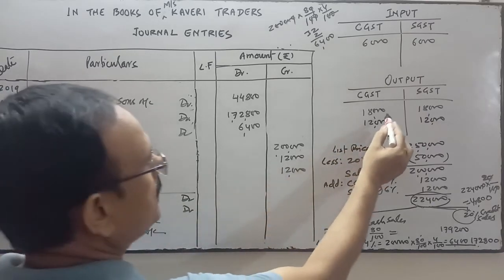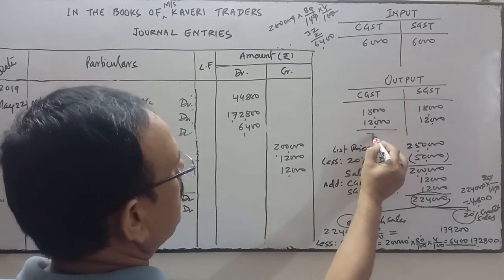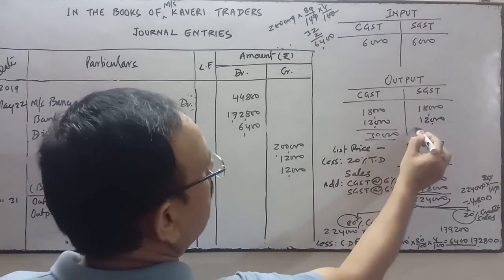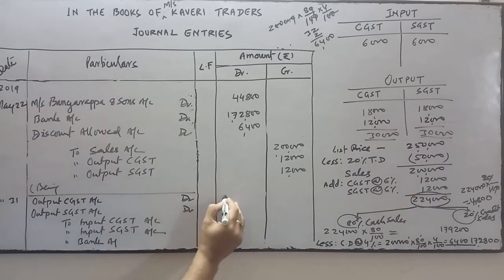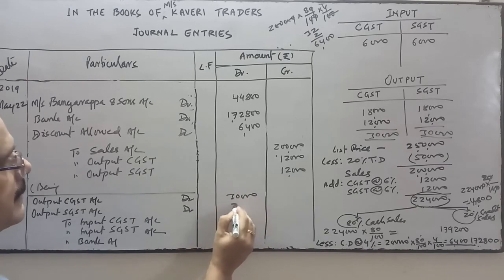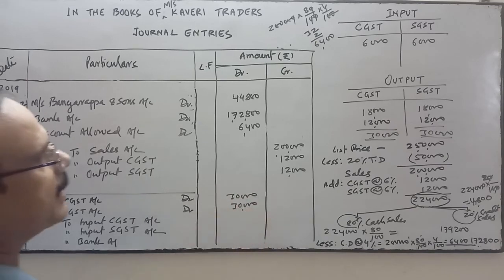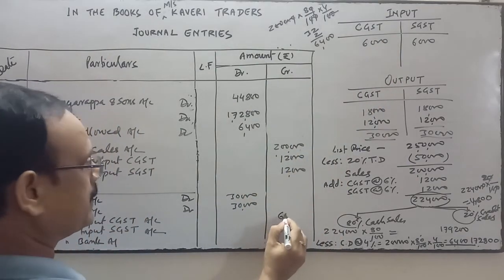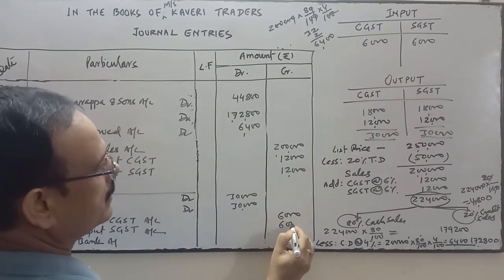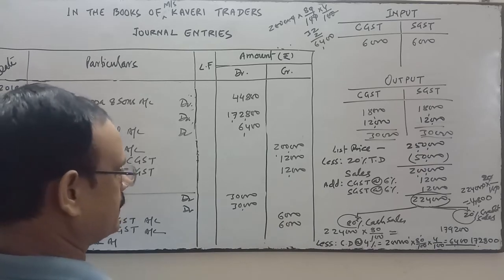The total output CGST and output SGST debit is 30,000 and 30,000, so 60,000. Input CGST is 6,000 and input SGST is 6,000, total 12,000.